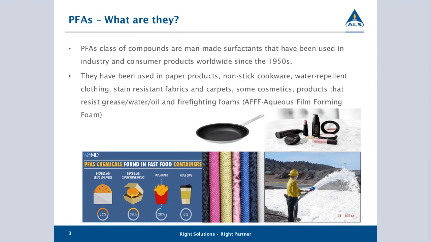For your hamburger, PFAS was used to coat the inner side of that paper. So when you're eating your burger, the grease stays on the inside, doesn't drip through the paper. It's used in nonstick cookware, mainly in Teflon, used in water-repellent clothing and stain-resistant fabrics and carpets. So again, it's not the final product, but it's used in the manufacturing of those products.